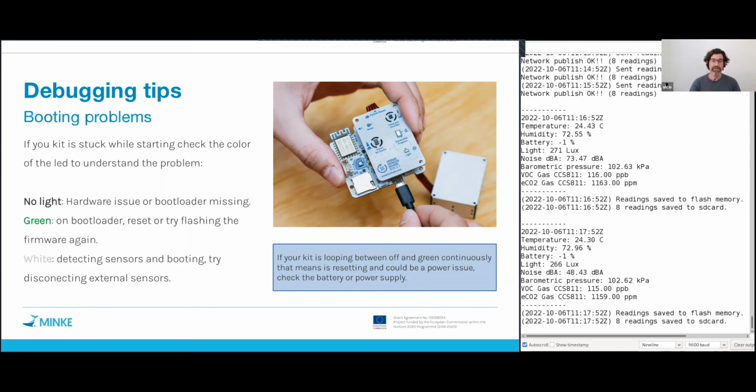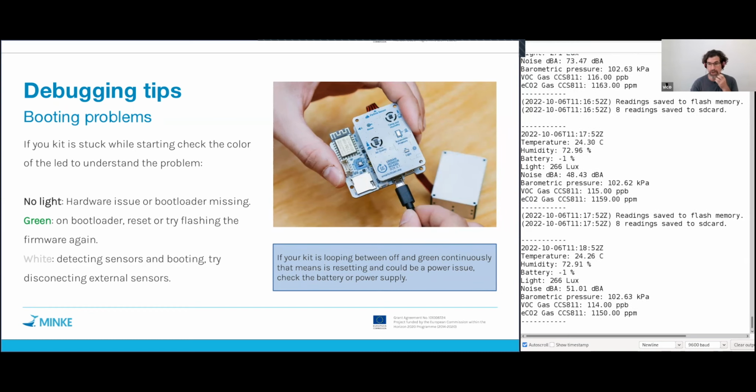Something else that happens sometimes is arriving at green and then turning off again, green and off again. That means that the kit is not able to start properly because it's not receiving enough power. So it tries, but when it starts turning on systems, the power is not good enough and it reboots.